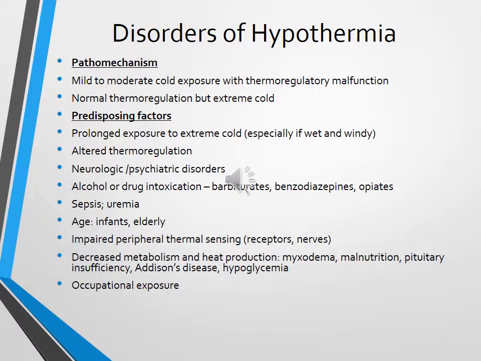Disorders of hypothermia: the pathomechanism is mild to moderate cold exposure with thermoregulatory malfunction, or normal thermoregulation but extreme cold. Predisposing factors could be prolonged exposure to extreme cold, especially if it's wet and windy, altered thermoregulation, neurologic or psychiatric disorders, alcohol or drug intoxication.